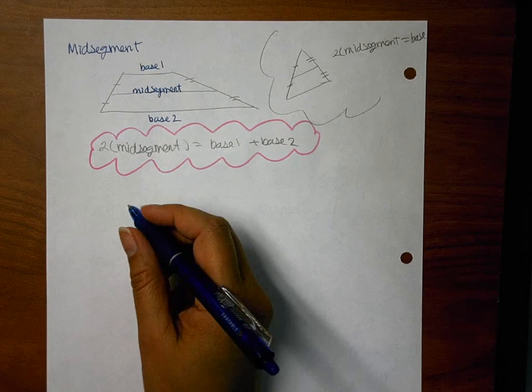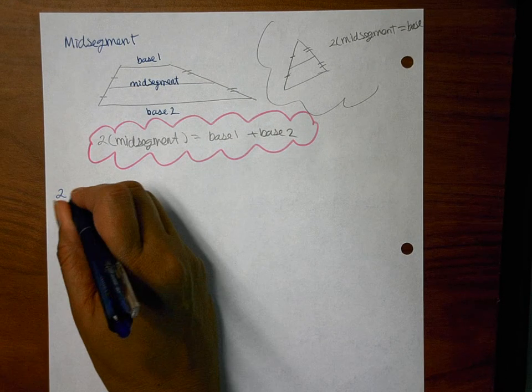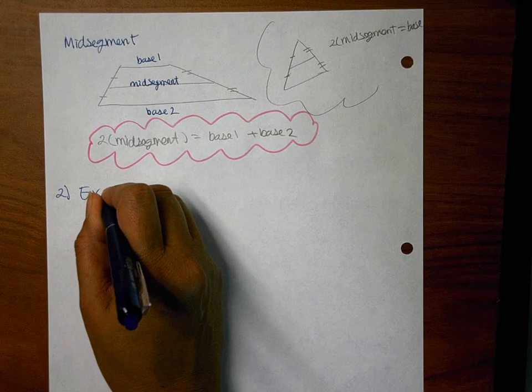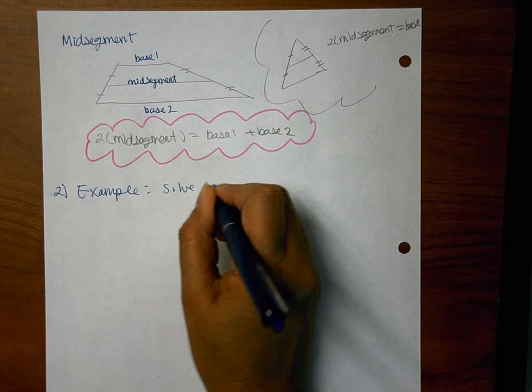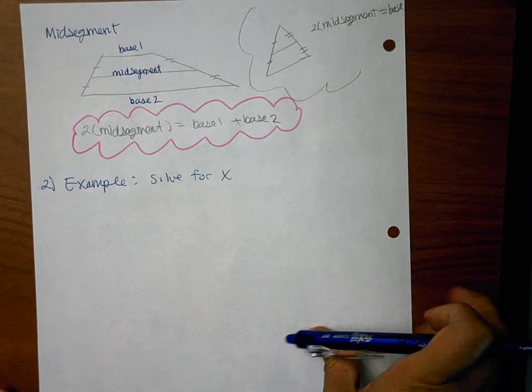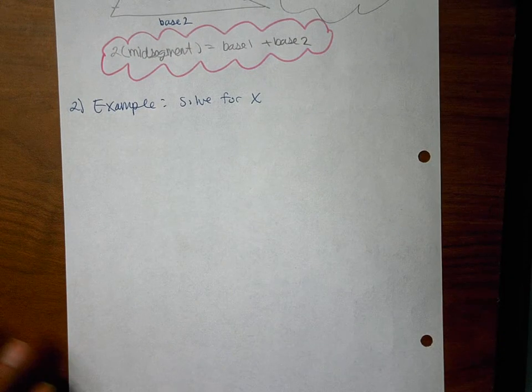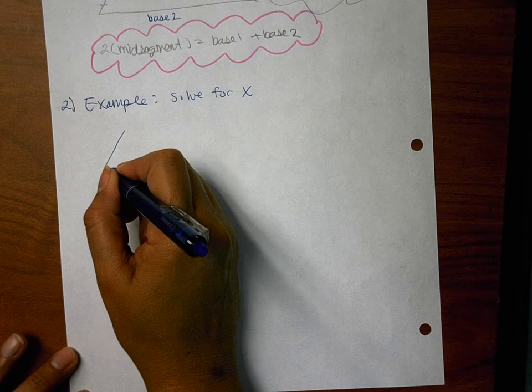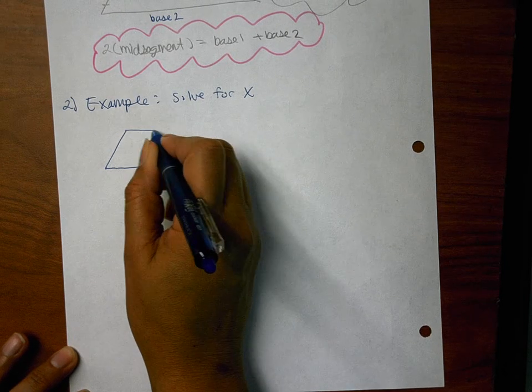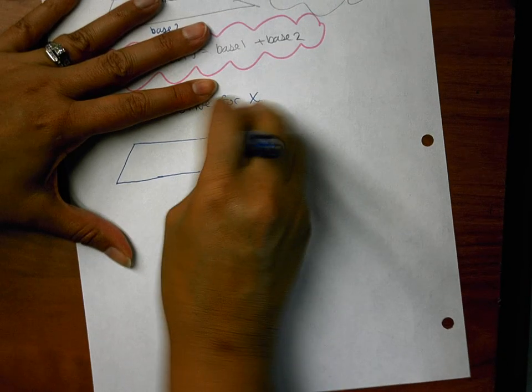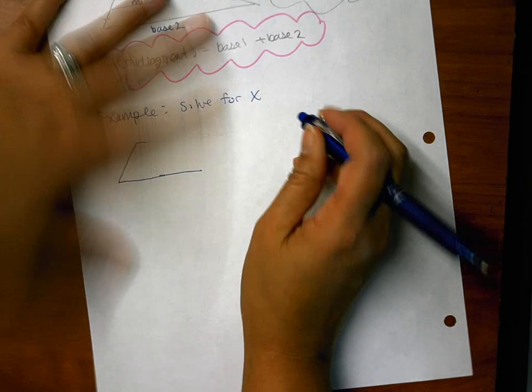Okay, so I'm going to call this number 2. Example, solve for x. Okay, let's draw our trapezoid.